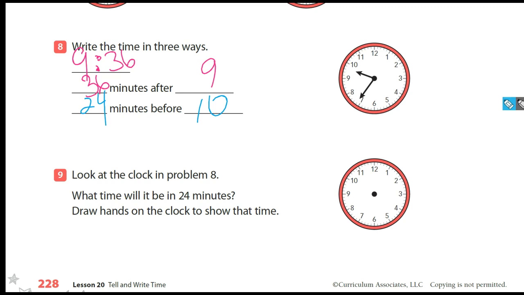So if I move this 24 minutes, what time is it going to be? 10 o'clock. Draw the hands on the clock to show that time. Pretty much, yes.